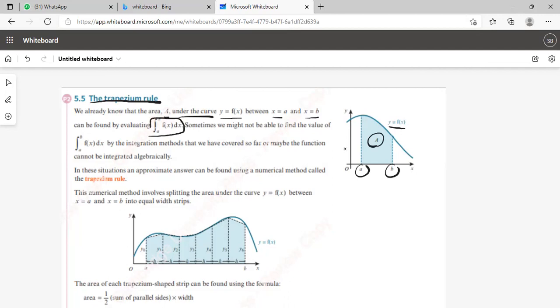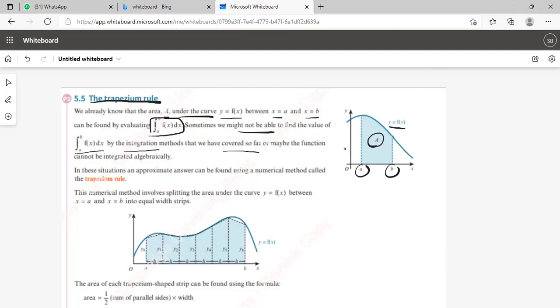We already know that. But sometimes we might not be able to find the value of this function by the integration methods that we have covered so far. So maybe the function will not be integrable algebraically.